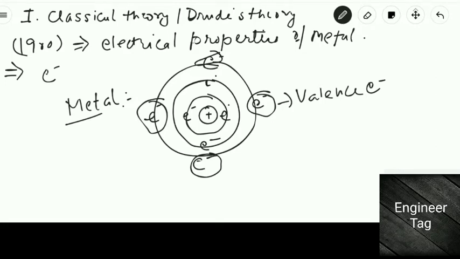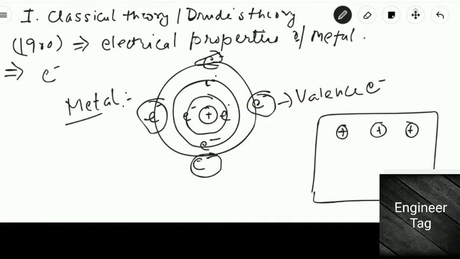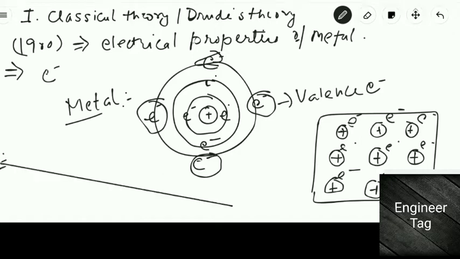In a metal, you will have many atoms. These are the nuclei of atoms, and each atom has its own valence electrons. Okay, so we have a large number of free electrons. So he considered that in metal we have a large number of free electrons.